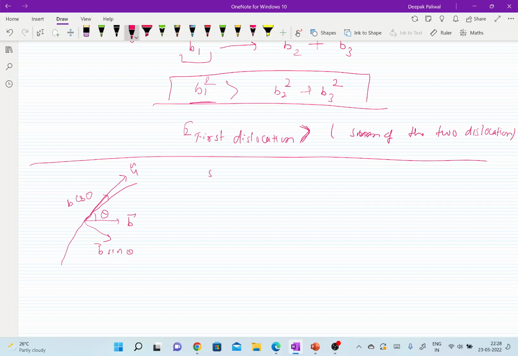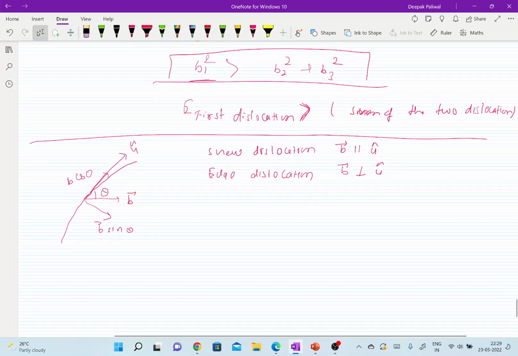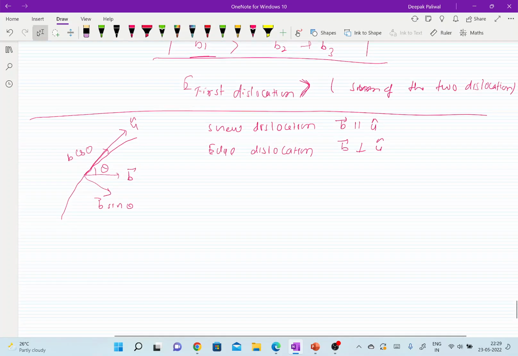As we know, the screw dislocation has the Burgers vector parallel to the line vector, and the edge dislocation has the Burgers vector perpendicular to the line vector. Now here we have the mixed dislocation, which has two components, edge dislocation as well as screw dislocation.